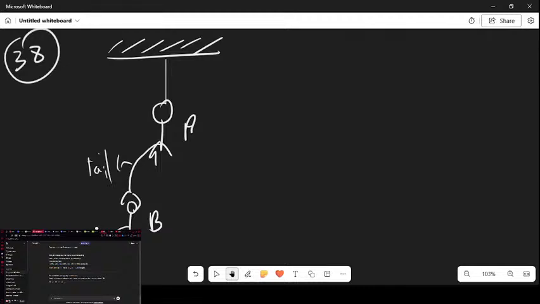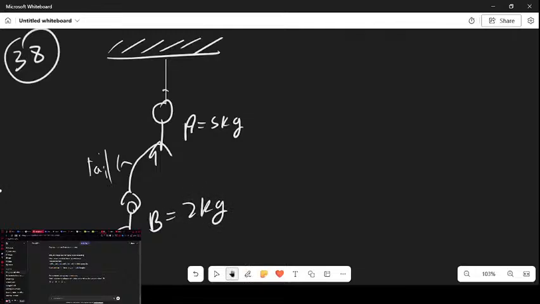The masses of monkeys A and B are 5 kg and 2 kg respectively. This mass is 5 kg, and this mass is 2 kg.